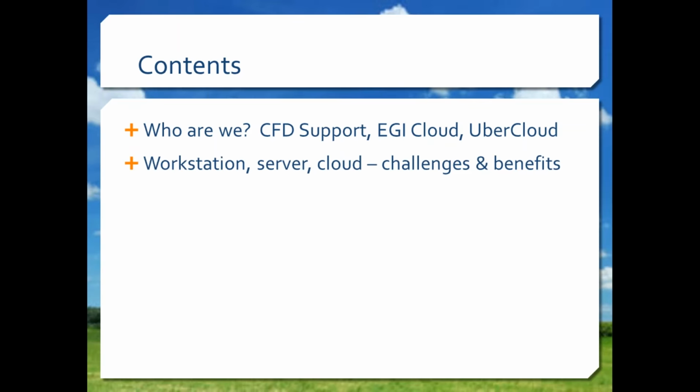And today we are connected to CzechNet, which is the Czech Republic data center in Prague. And finally, UberCloud, we are bringing in the technology and the cloud service, which glues everything together.